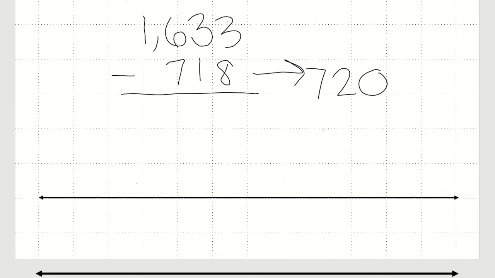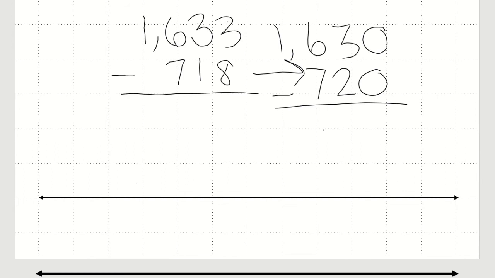And so now 1,633, now I want to make this as compatible or friendly to work with as I can. So I'm going to round it or turn it to 1,630. So in this case, you could see I was kind of rounding to the nearest tens place to help me.